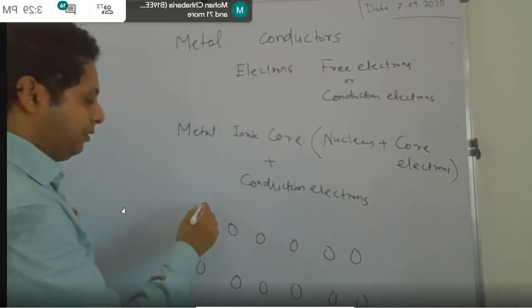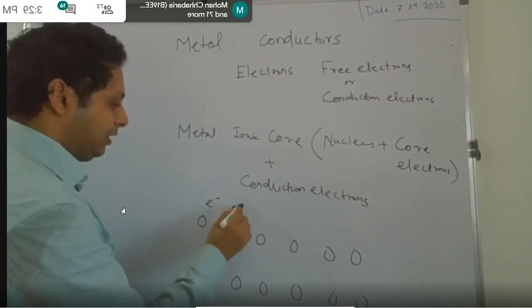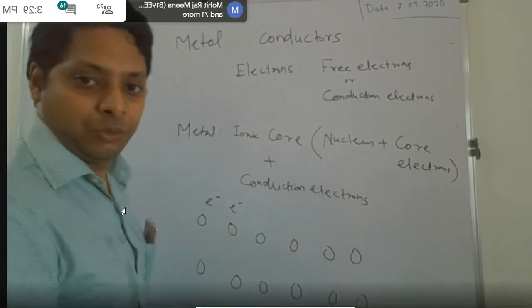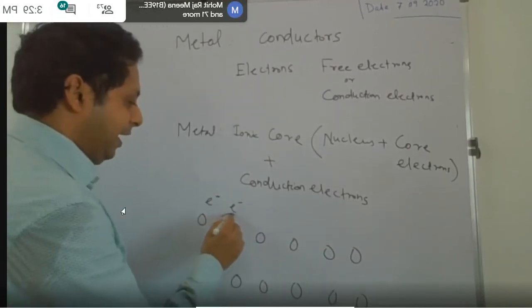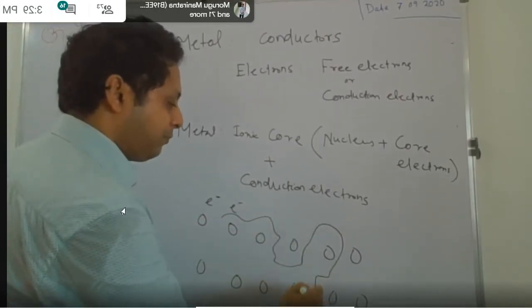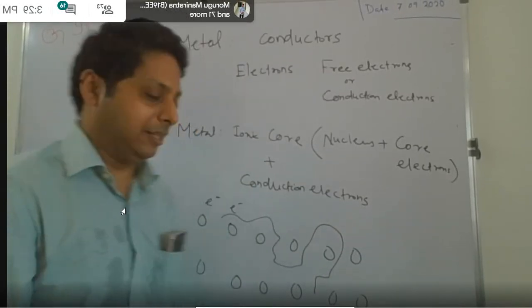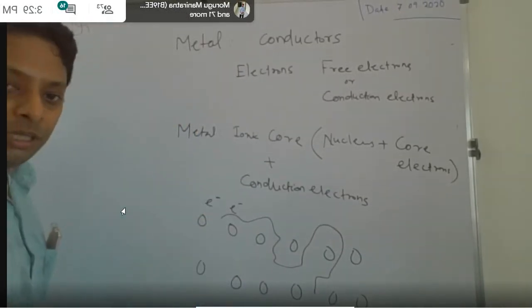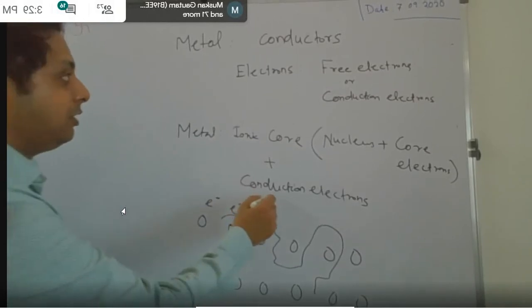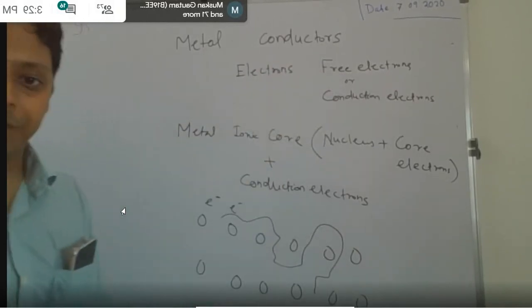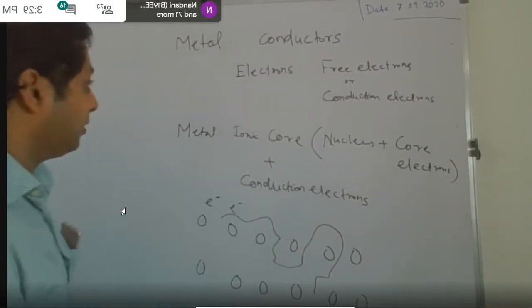And then you have these free electrons, maybe 1 electron or 2 electrons, which are free to move in the metal. Since they are free to move, they give rise to conductivity, right? So that is what a metal is.